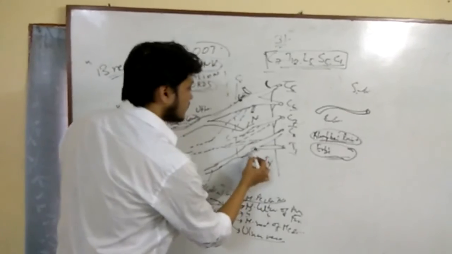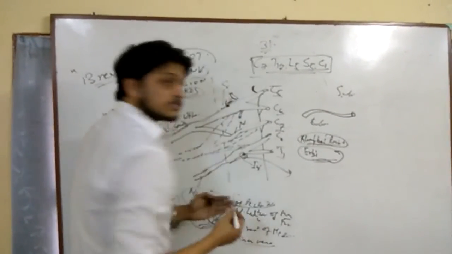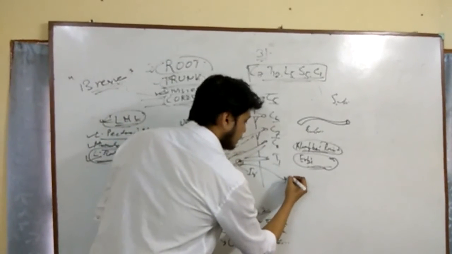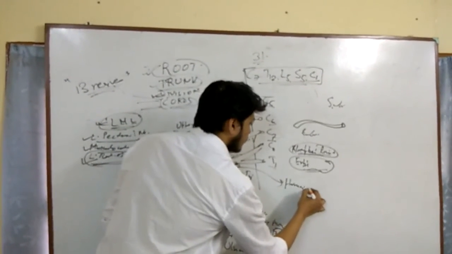Any lesion at Klumpke's point gives a syndrome, a collection of symptoms, which we call Horner syndrome.